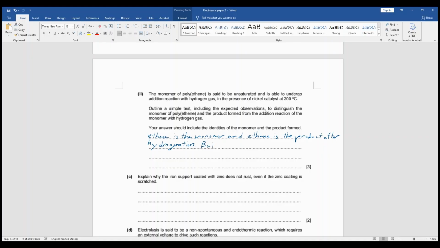Bubble both gases into two separate test tubes respectively, containing aqueous bromine separately.